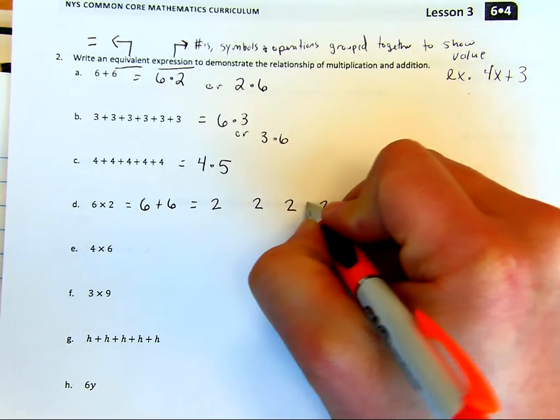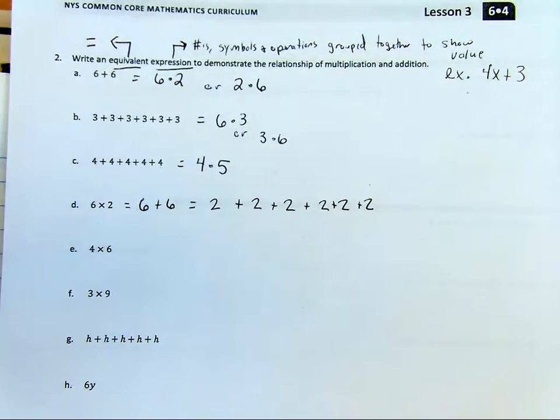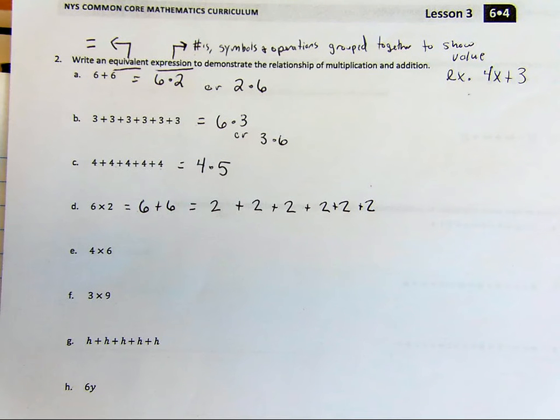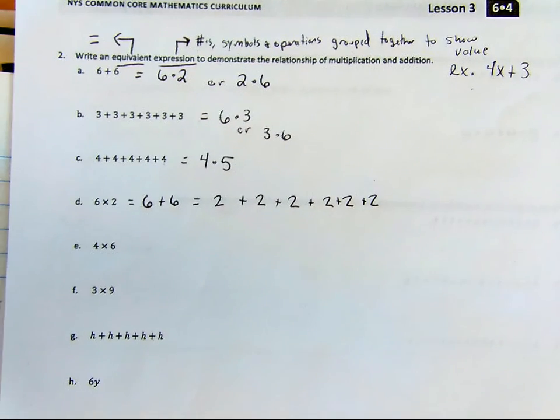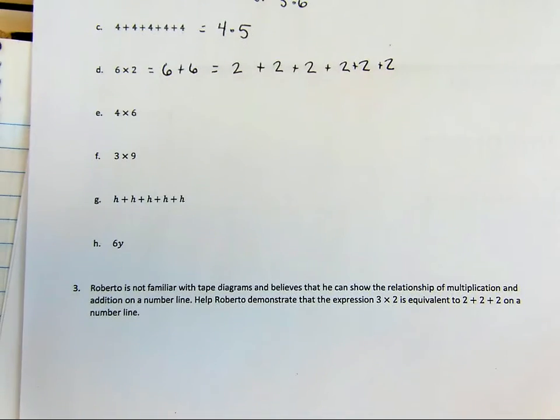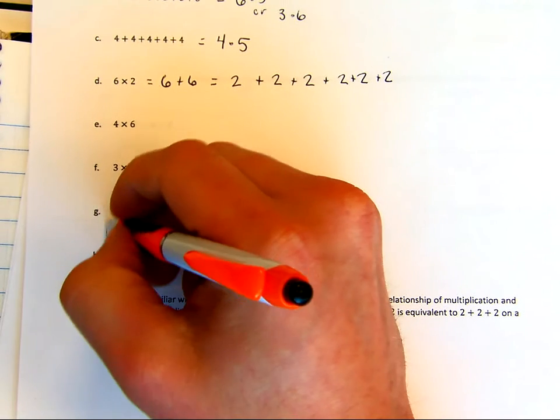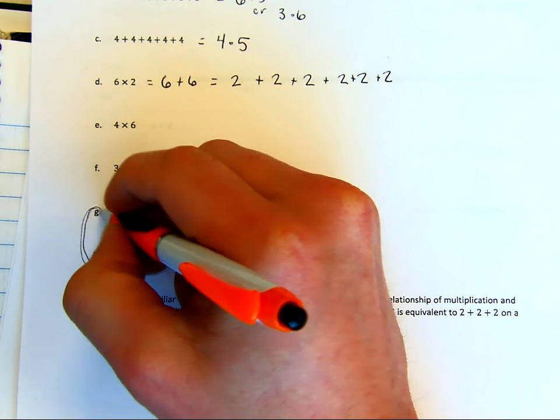All added together. Nice job. So either one of these would be equal to that. Different ways of writing the exact same thing. I don't think we need to do all of these on this page, but I did want to. The purpose of doing this other stuff is for these two right here.